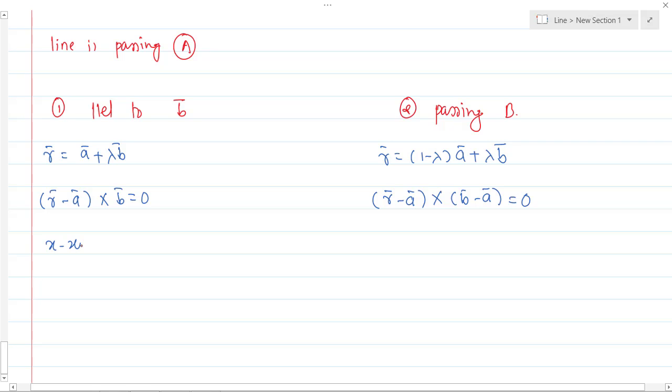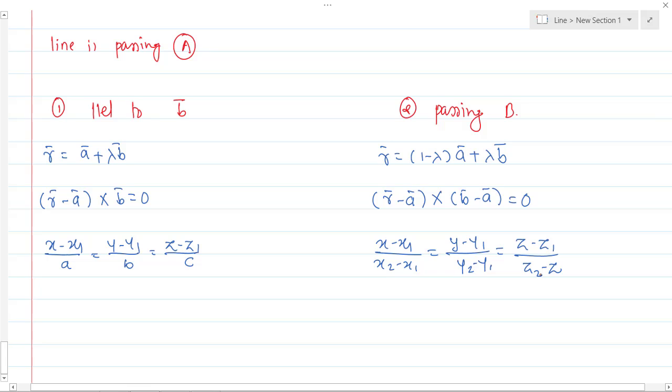What about this? x minus x1 by a equals to y minus y1 by b equals to z minus z1 by c. This is a Cartesian form. And what about here? x minus x1 by x2 minus x1 equals to y minus y1 upon y2 minus y1 and z minus z1 upon z2 minus z1.